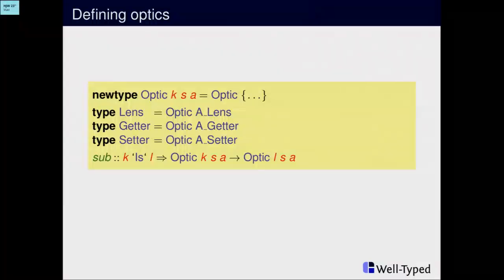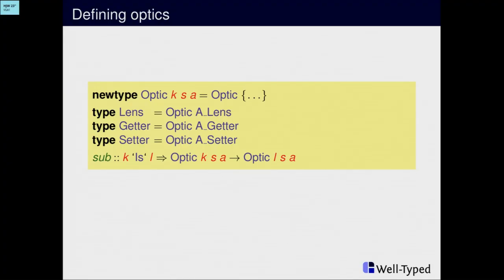So what can we do once we've got this hierarchy of optic flavors? Let's define a new type, which I'm going to call optic, parameterized by the flavor k and the types S and A we had before. And so lens, getter, and setter are still going to be type synonyms, but this time type synonyms of a much simpler form. So lens is just optic, a lens. And so that's the underlying concept that we're going to expose to the library user.